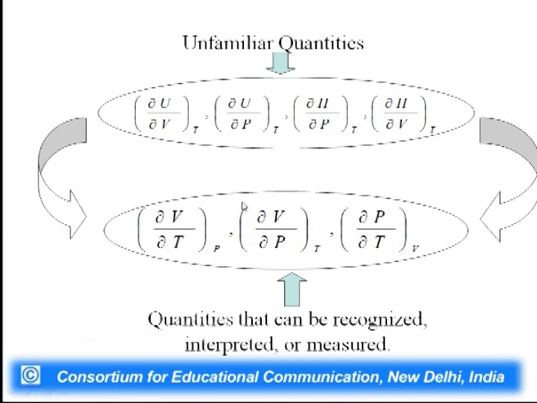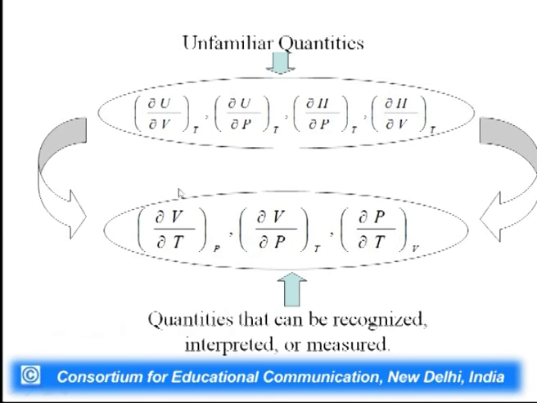The thing is simple. These quantities, del V by del T at constant P, del V by del P at constant T, or del P by del T at constant V, can be measured in a lab. They can also be calculated from model equations.